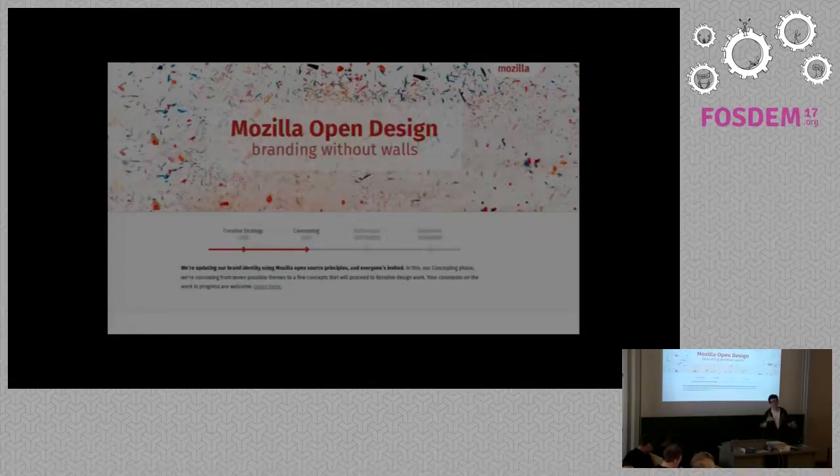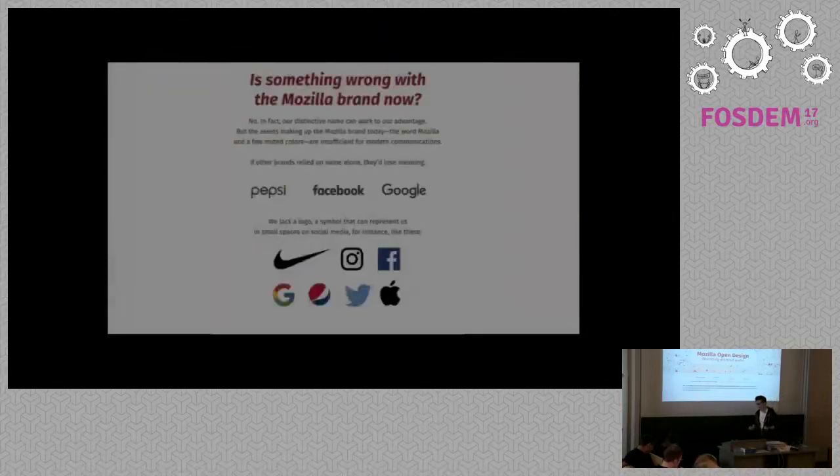Earlier, one year ago, in fact, after FOSDEM 2016, Mozilla came up with the idea that, guys, we need a new brand. Because there was something lacking with Mozilla back then. We only had the word mark. It wasn't a proprietary font, by the way, if you don't know. And it was quite weak if you look at other brands.